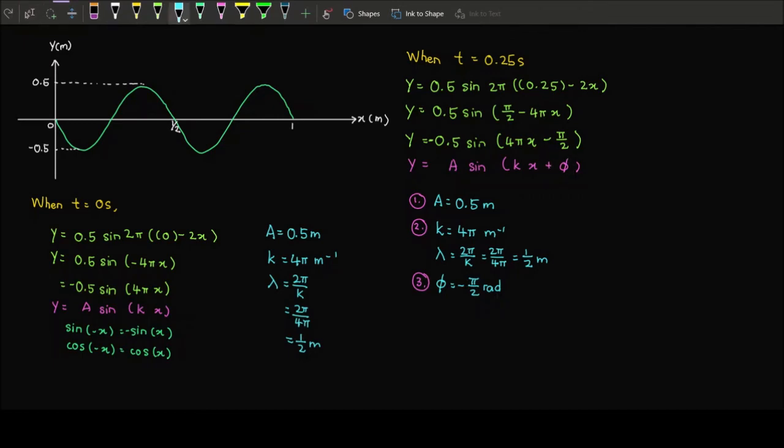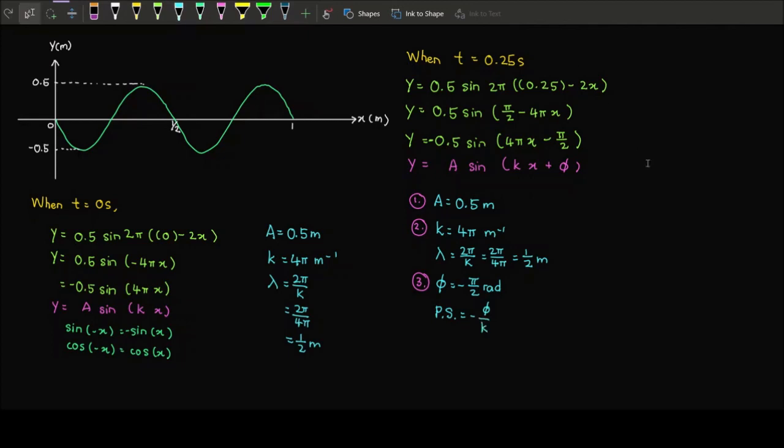Okay, so we continue. What do we transform this phase constant to? We transform it into phase shift. How do you transform? By using negative phi. Before that it was divided by omega. Now you divide it by k.